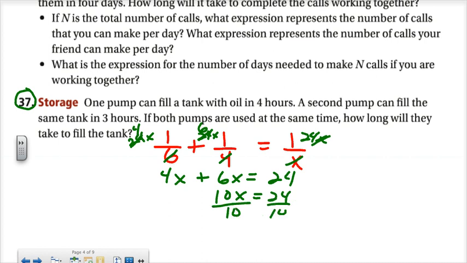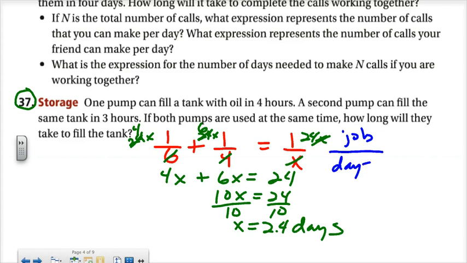Divide both sides by 10, and x equals 2.4, and in this case, our label was days. So you see how this is job, and then how many days it takes you, and you have to use that all the way through the problem. So everything in the numerator is about the one job, and everything in the denominator is about how many days it would take you. So we definitely are dealing with some rational equations for that.